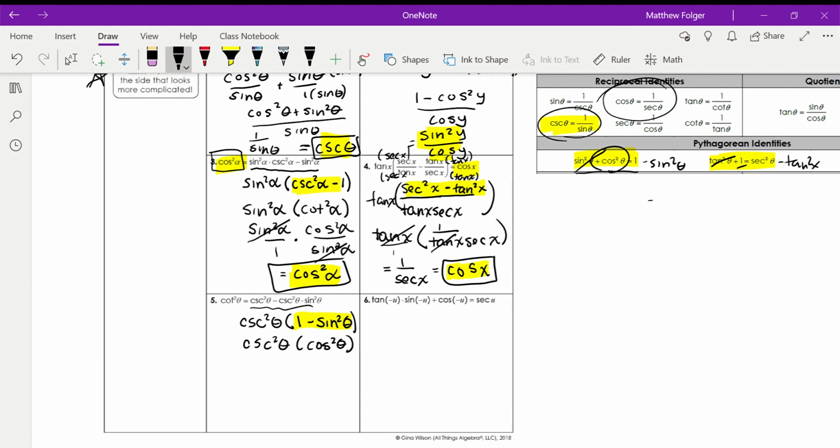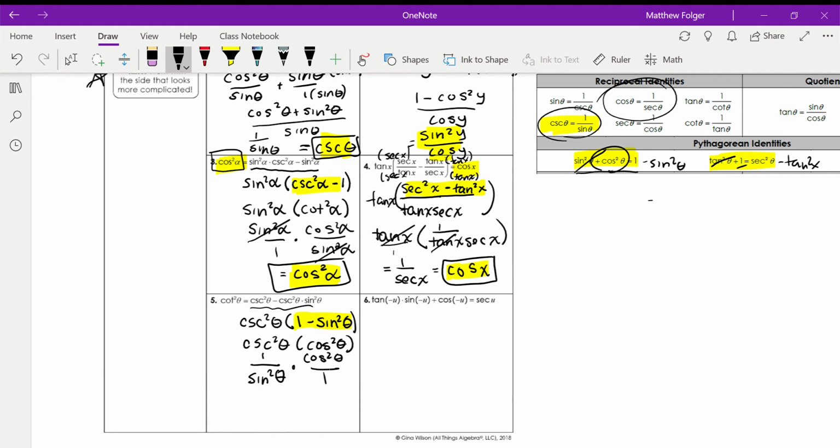When we get to this step, it's generally a good idea to turn everything into sine and cosine and see if stuff cancels. So cosecant squared theta is 1 over sine squared theta times cosine squared theta is just cosine squared theta over 1.